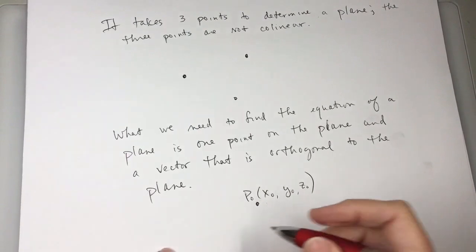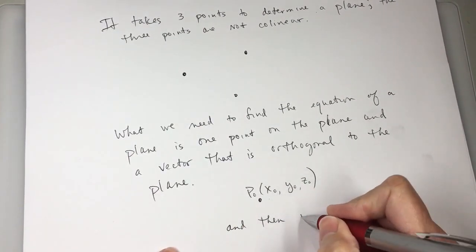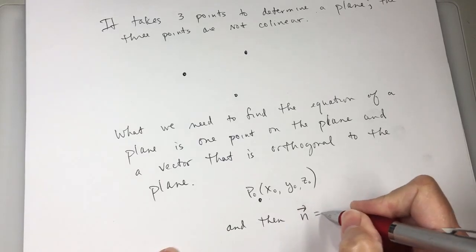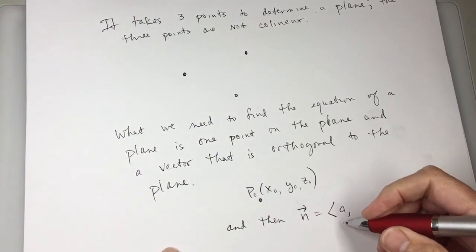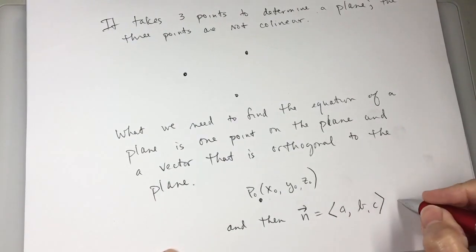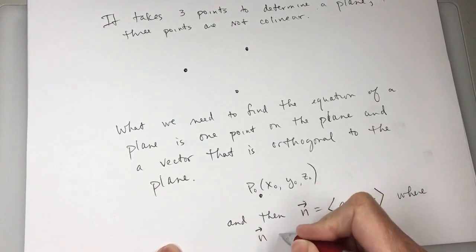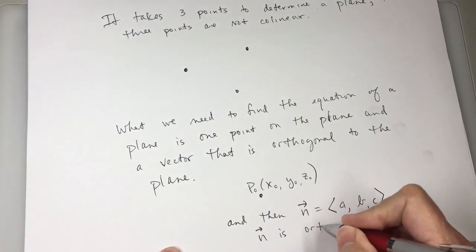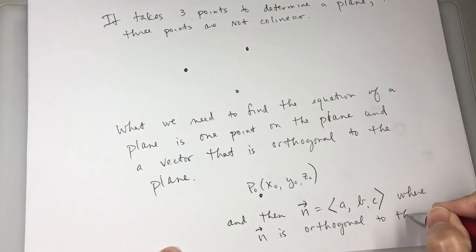So they'll give you this, and then we'll call it vector N, which has components A, B, C, where vector N is orthogonal to the plane.